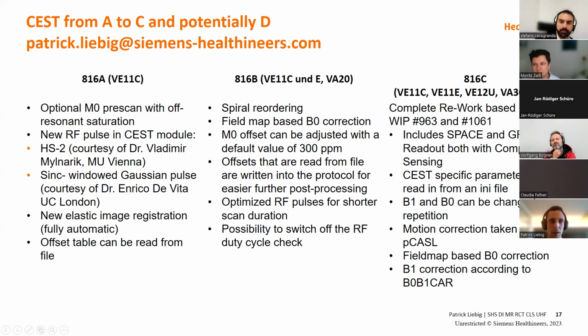The 816A version, I mean, it's just the first one, was really basic. Typically only one slice was acquired, and it's currently not really supported anymore. With the B version, there was then the spiral reordering. So essentially the snapshot CEST part from Moritz was implemented.